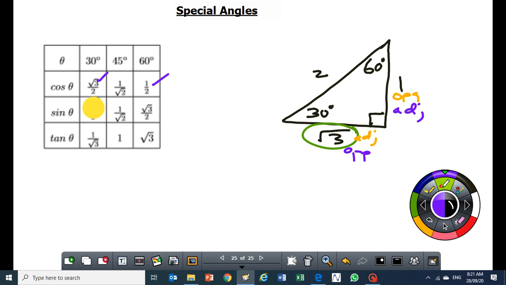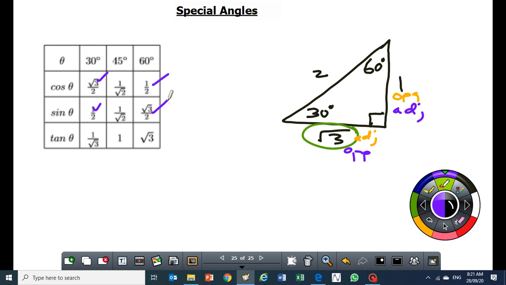Now you can see here that cos 60 is going to be equal to sine 30. I told you when I was doing trig ratios that there is a relationship between sine and cos. Then for sine 60, it's going to be opposite over hypotenuse, square root of 3 over 2.